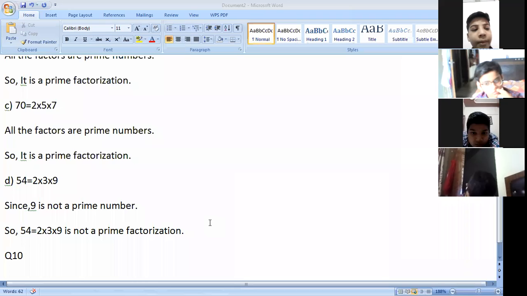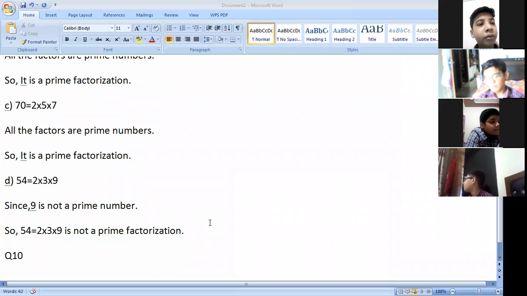Ma'am, co-prime numbers are those numbers which have only 1 as a common factor. Yes. 5 goes in the table of 1 and 5 only. 9 goes in the table of 1, as well as 3 and 9. So if you compare these factors, you have got only common factor as 1. So 5 and 9 are co-prime numbers.